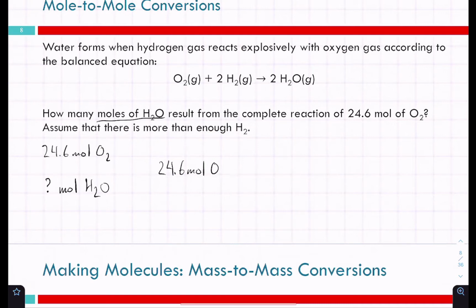So we have moles of oxygen, and we want moles of water. So what's the ratio between oxygen and water? 1 to 2. So 1 mole O2 is 2 moles H2O.